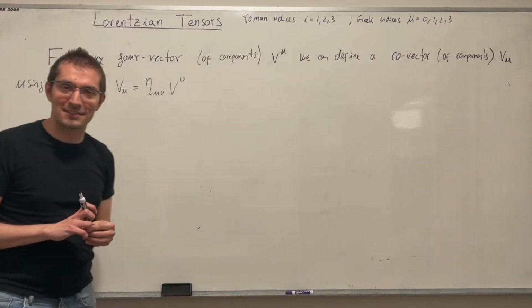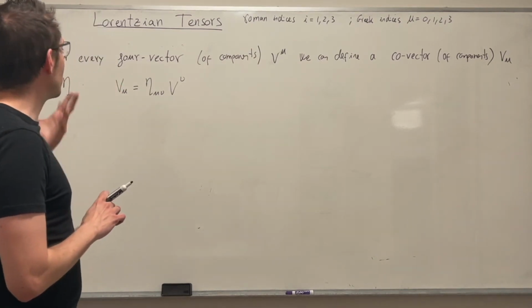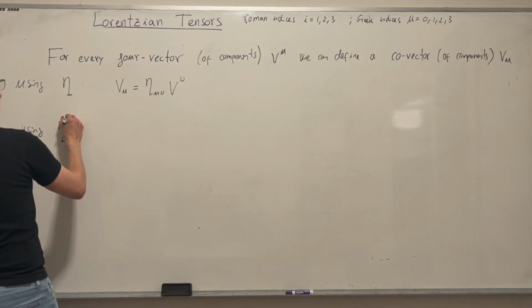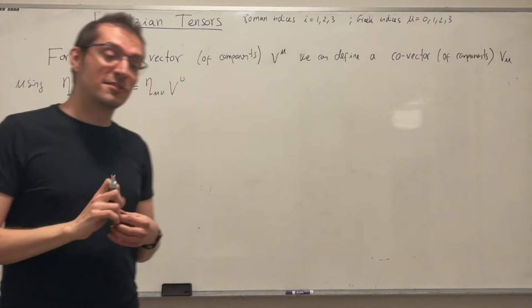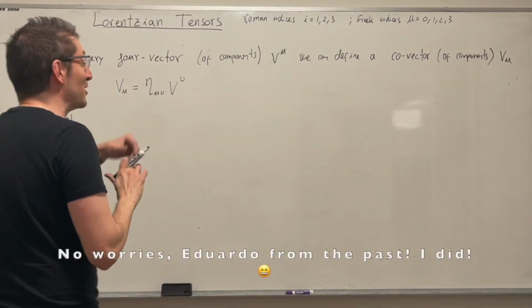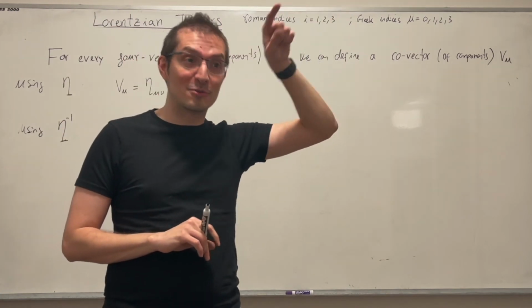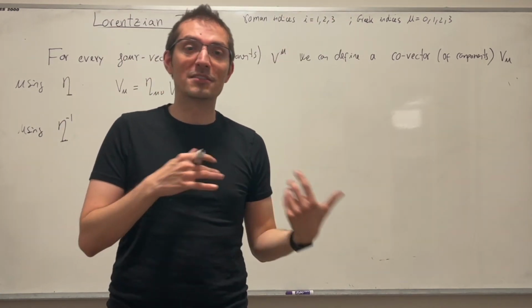Wonderful. Now remember that we can now use eta minus 1, because remember that a metric needs to be non-singular, so I didn't tell you that before, and I should have. The metric has to be non-singular, and it is because the eigenvalues were minus 1, 1, 1, 1, so there's no zero eigenvalues.